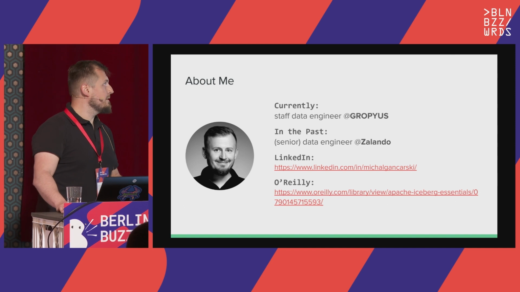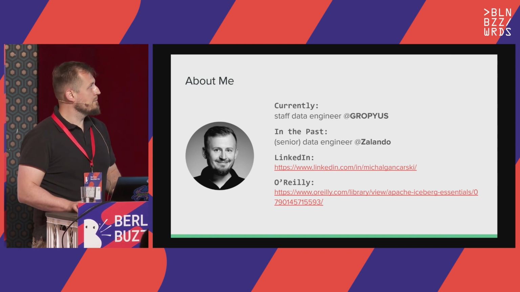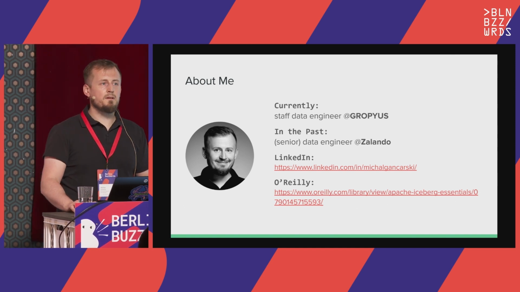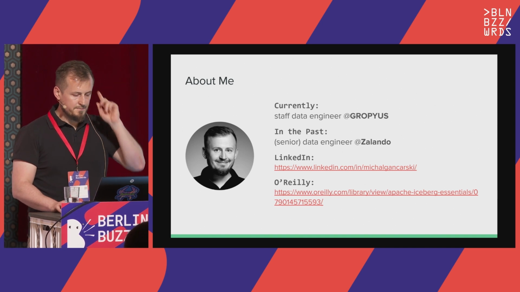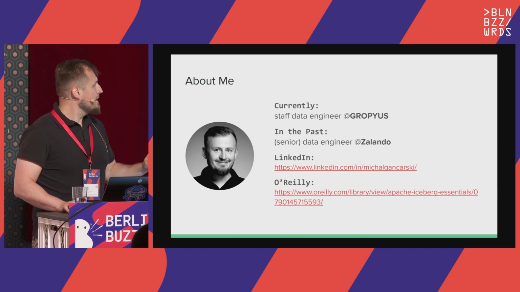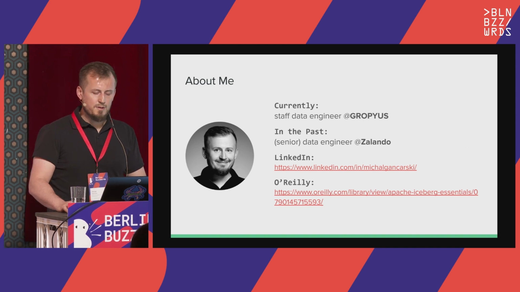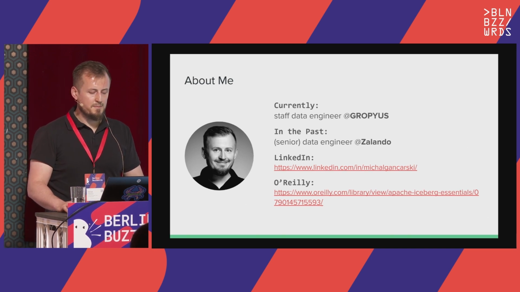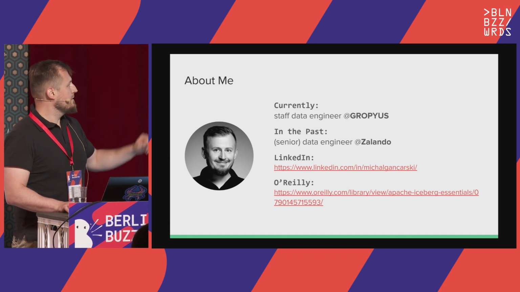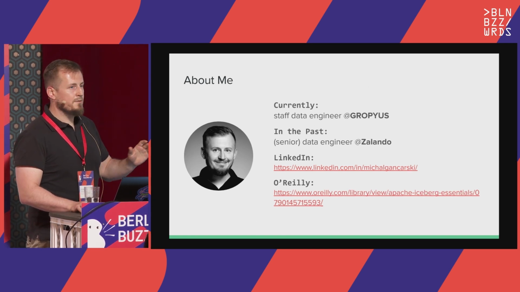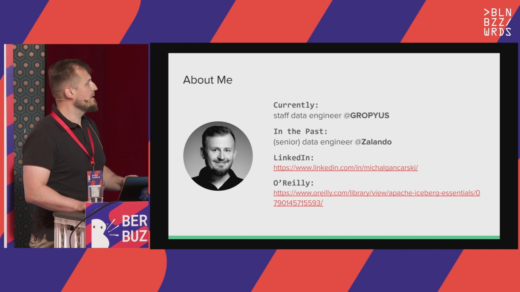Currently, I am a staff data engineer at Gropius, a company based in Vienna and in Berlin. You can find me on LinkedIn, and if you have an O'Reilly subscription, you can see my video course on Iceberg that covers slightly different topics than I will cover today.